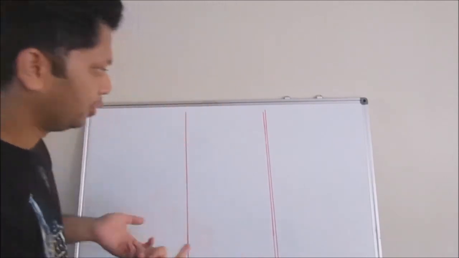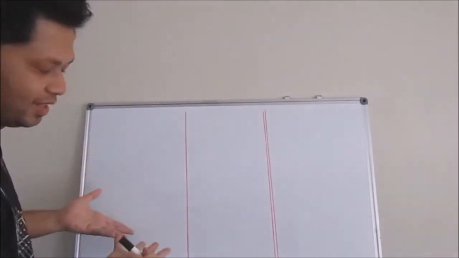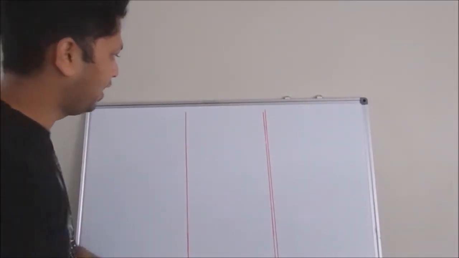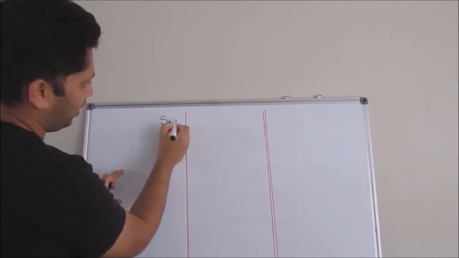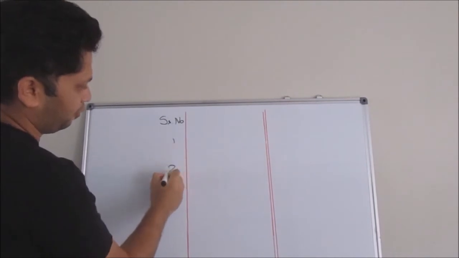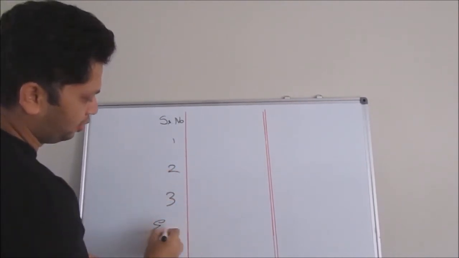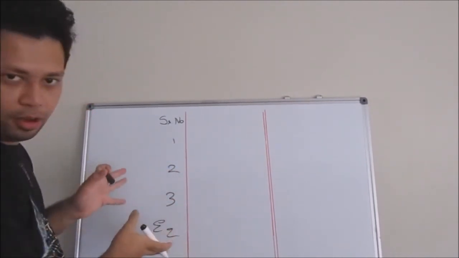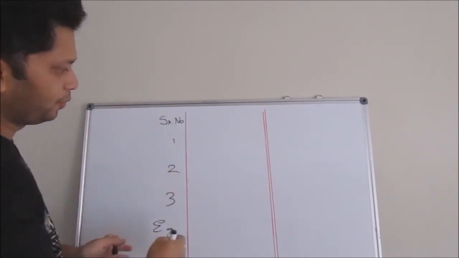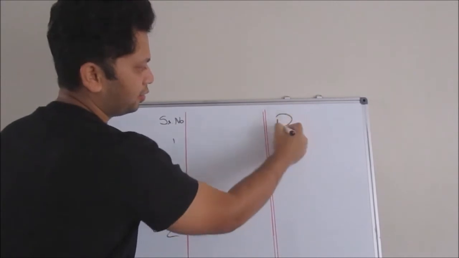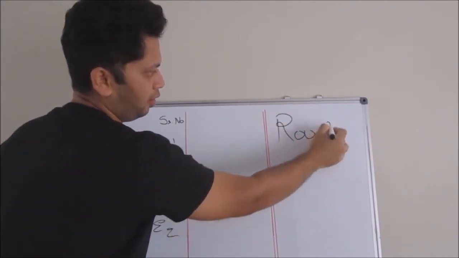In secondary school, I was mostly taught in the southern part of India to use an unruled book like this, where this portion of the book was just used to write serial numbers, so 1, 2, 3 or equation. All the serial numbers were written on the left hand side of this book, and the right hand side was for rough work.